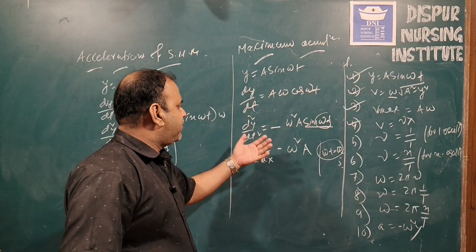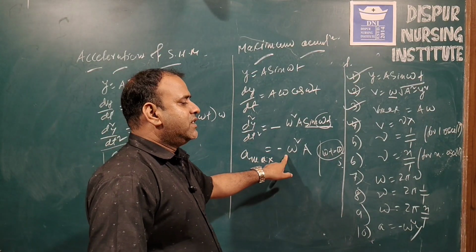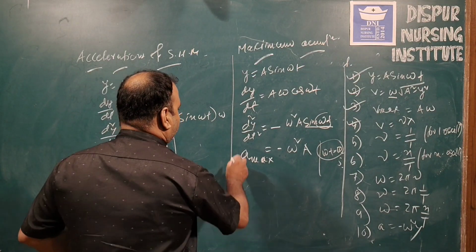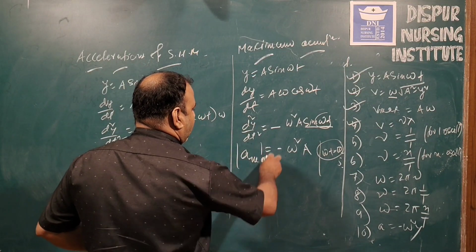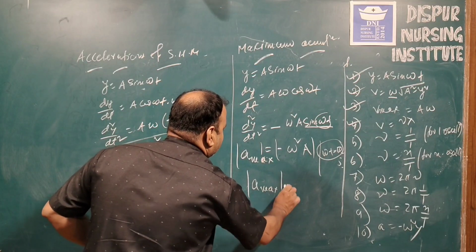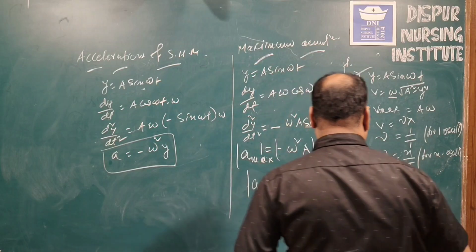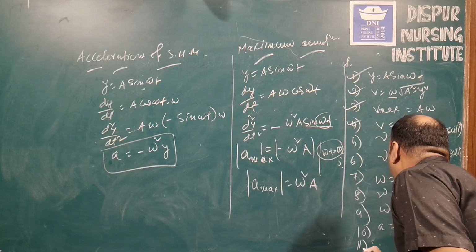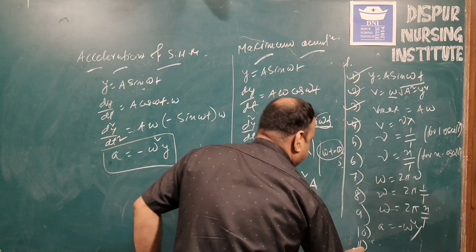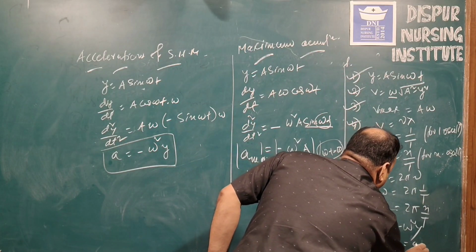If a bigger value has a negative sign in front, it will be very small. But I have written maximum, that is why you have to take the modulus symbol. After taking modulus, we can write a max is omega square A. So 11 number formula: a max is equal to omega square A.